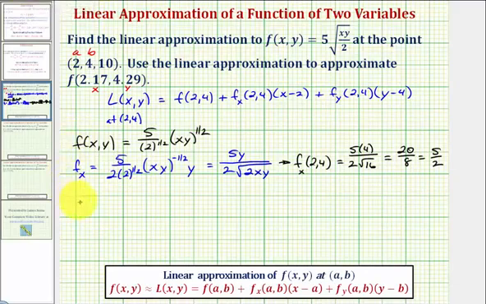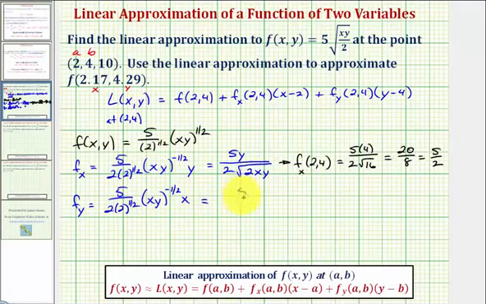And now we want to find the partial with respect to y, treating x as a constant and differentiating with respect to y. So again, we'd multiply by 1/2, so we have 5 over 2 times 2 to the 1/2. Subtract 1 from the exponent, xy to the negative 1/2, times the derivative of xy with respect to y, which would now be x.